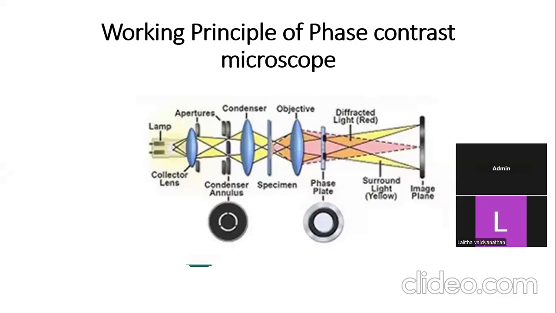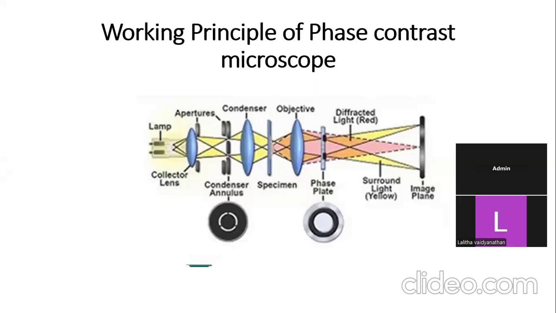And phase contrast optical components can be added to virtually any bright field microscope, provided the specialized phase objectives. The objective needs to be included with the phase plate. If it is included and the condenser annular is added, then it can be used. And here also they have limitations.